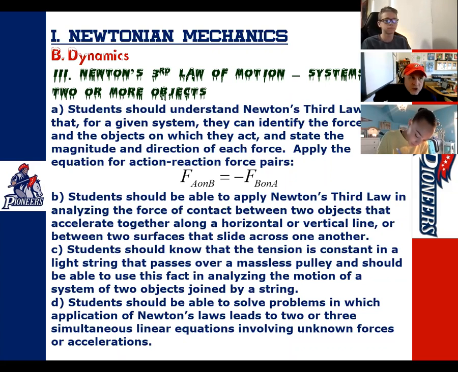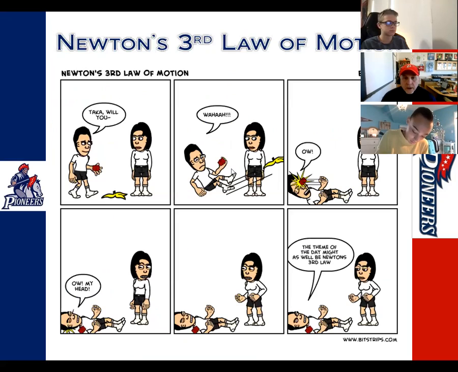But now we're looking at two or more objects and how they interact together. You could have 3, 4, 5, but we're going to stick to 2. And once we figure out where Newton's third law fits, you're going to see that we're really back to the second law, usually, or the first law.